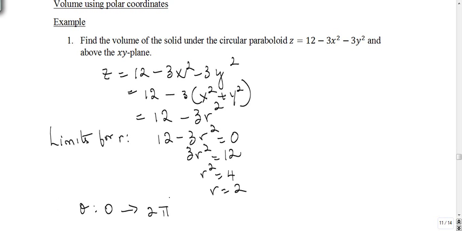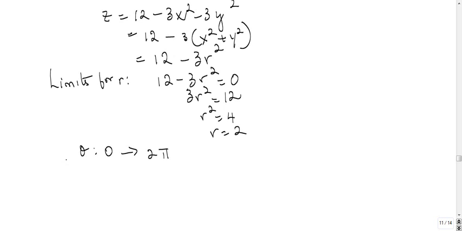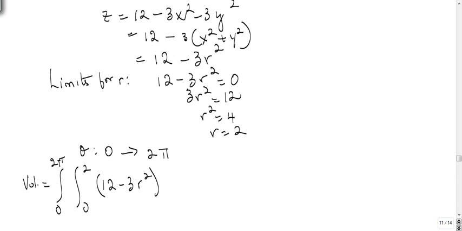Okay, let's set up now. The integral, so volume is equal to 0 to 2 pi, 0 to 2, 12 minus 3r squared times r dr d theta.